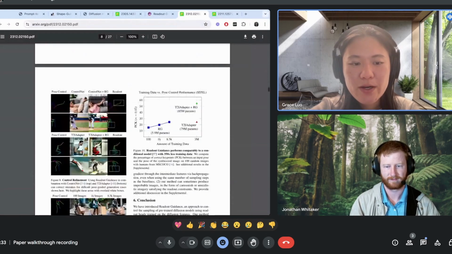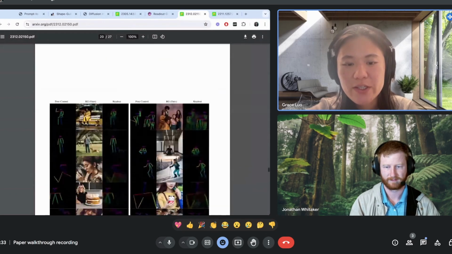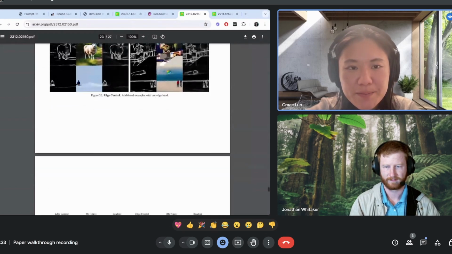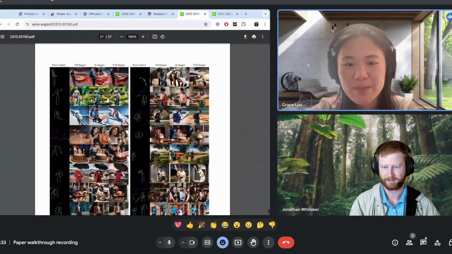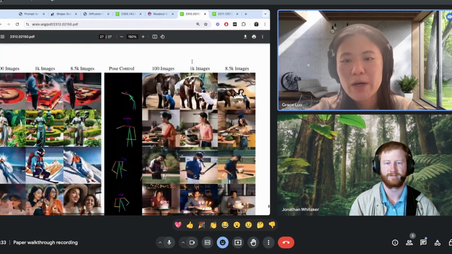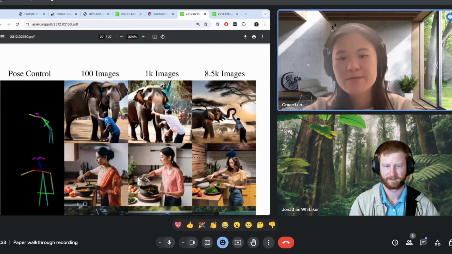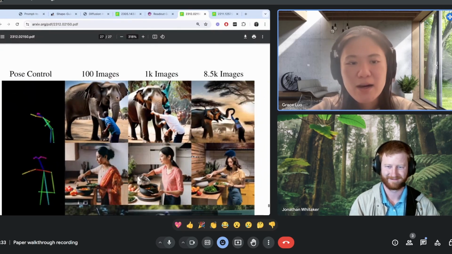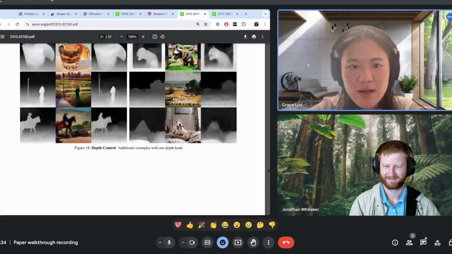So I think it's cool to maybe look at both the readouts and the generations. We have this very large table of examples at the end of the paper, which shows how you're able to respect the guidance if you train on 100 versus 1,000 versus 8.5 thousand. And we also have that in the main paper as well.